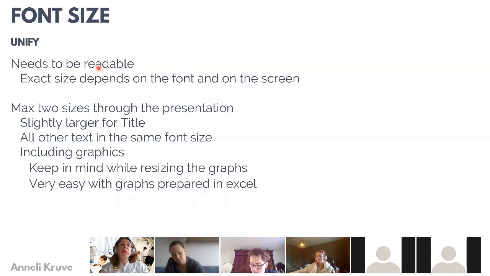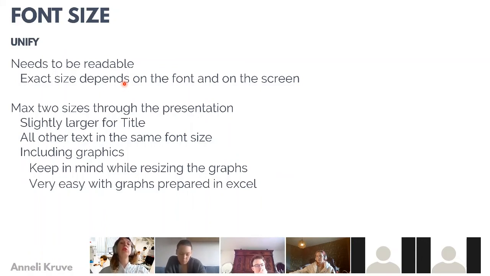Then in addition to the general size, it's also important that the font size would be the same on the slides, meaning that you should unify the size. All the slides should have the same font size. So not that one slide has 16 and the next one has 20 and then the third one has 24, but that it's always the same 20, for example.